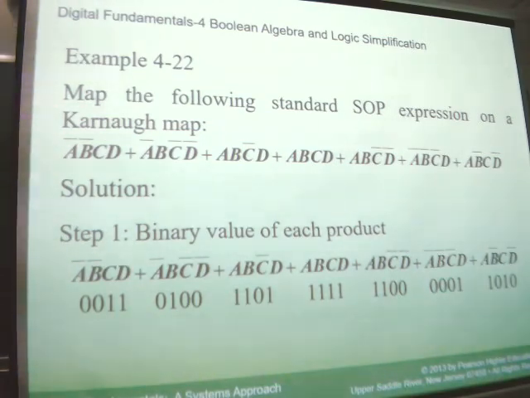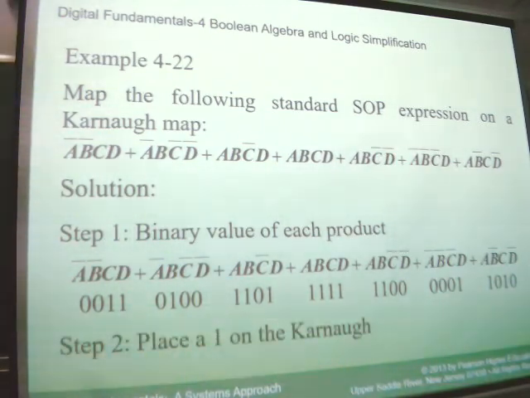There are 7 product terms, so there are 7 ones on the Karnaugh map.